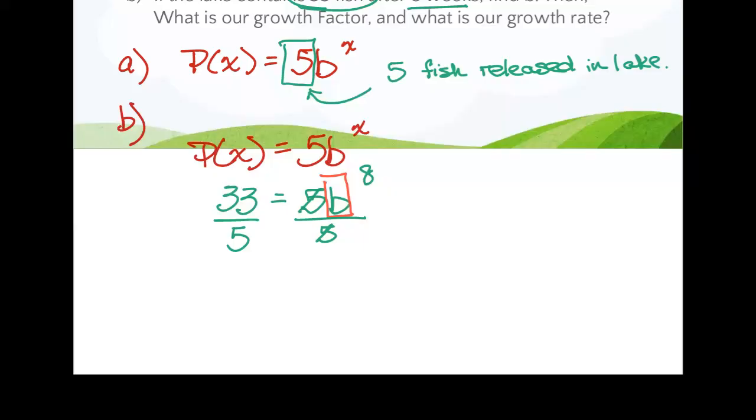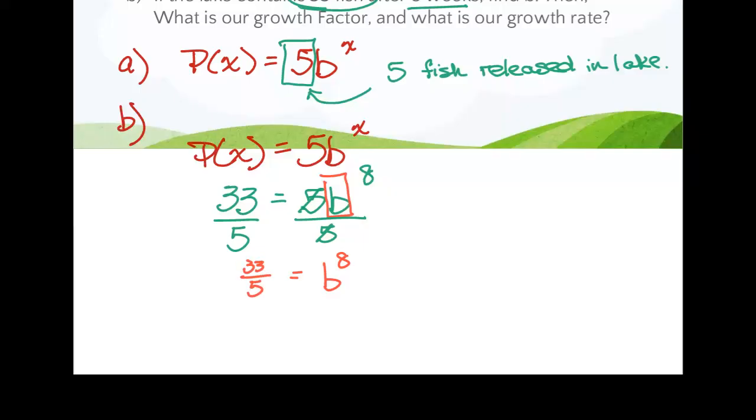No. So you could either figure out 33 fifths and round it, or you could leave it as 33 fifths. So you have B to the 8th equals 33 fifths.